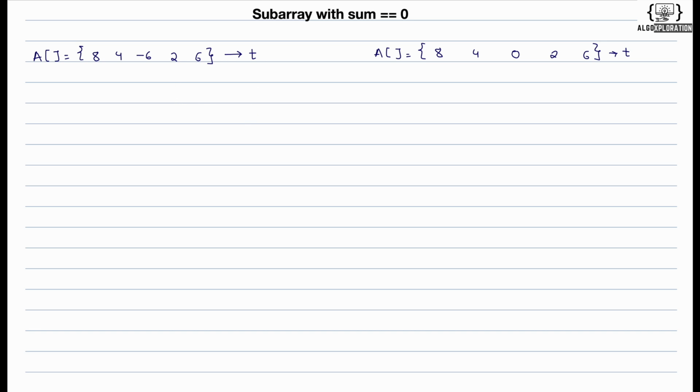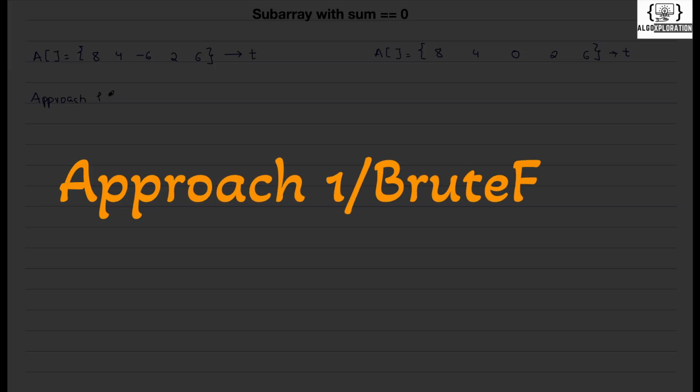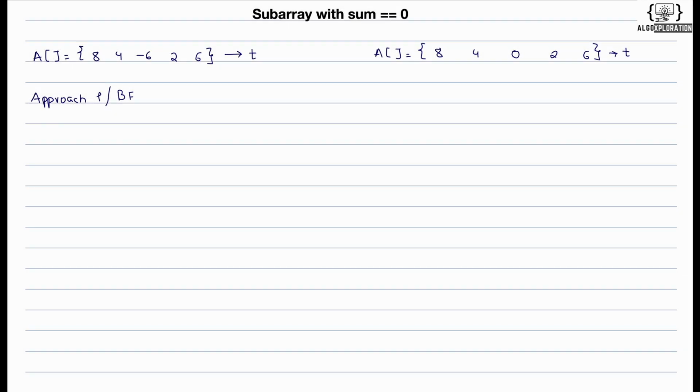So if we talk about the brute force approach 1, here we can have three nested for loops. I hope you know that. So for i running from 0 to n, inside this we can have a start variable. The value of start is i.